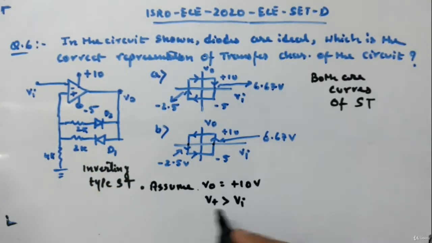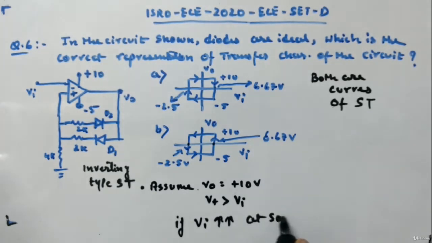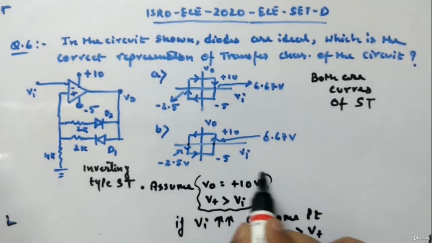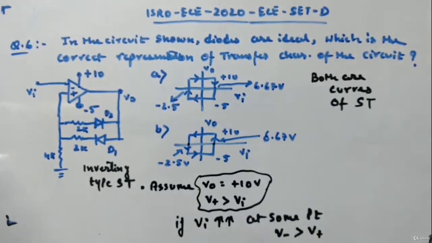Okay, so if I increase the value of Vi, then what will happen? At some point V minus will be greater than V plus. I am assuming this condition right now. Now what will happen if I increase the value of Vi?